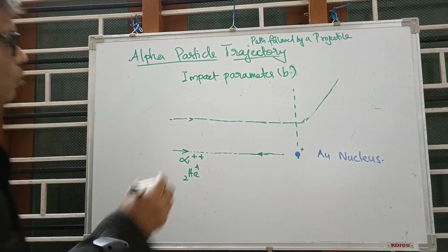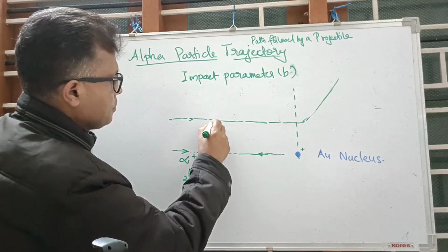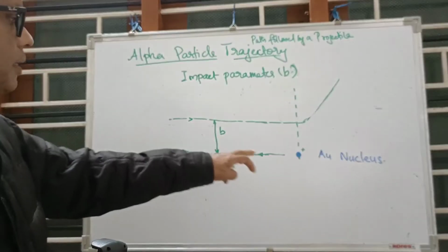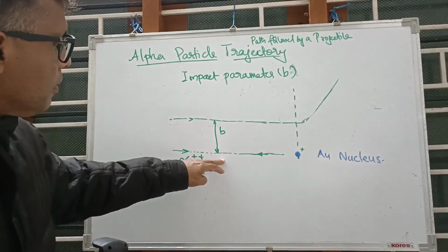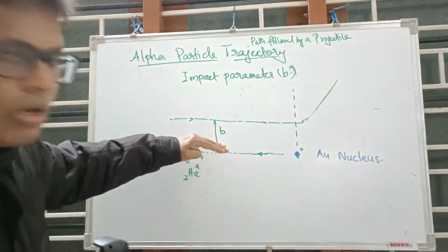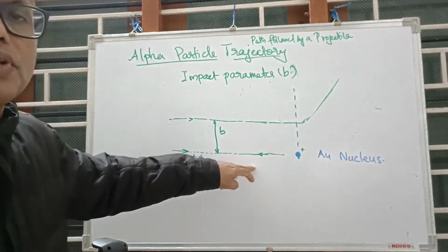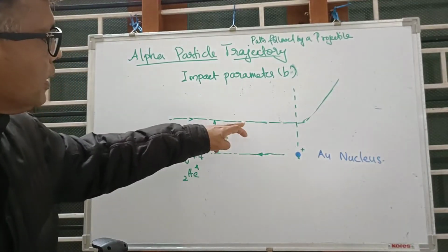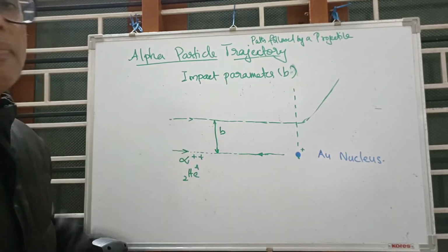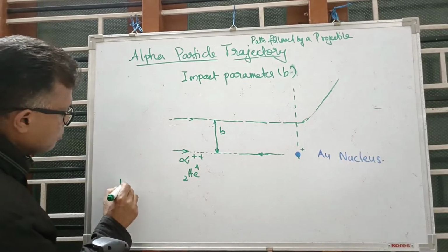So this one is the impact parameter B. What is that? This one is the perpendicular distance from the center of the nucleus to the initial velocity vector of the alpha particle.